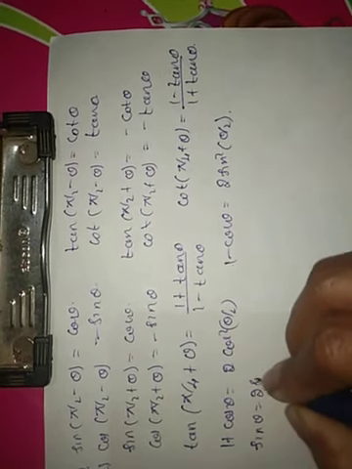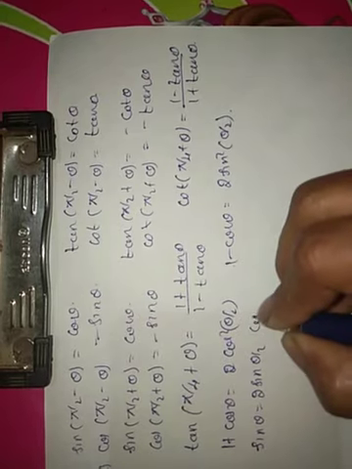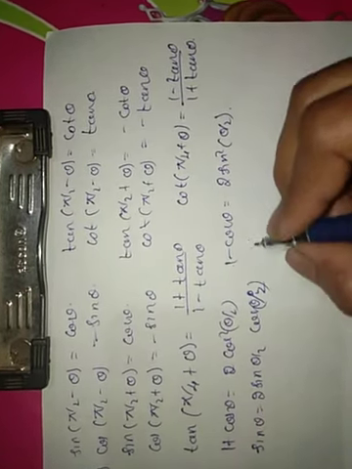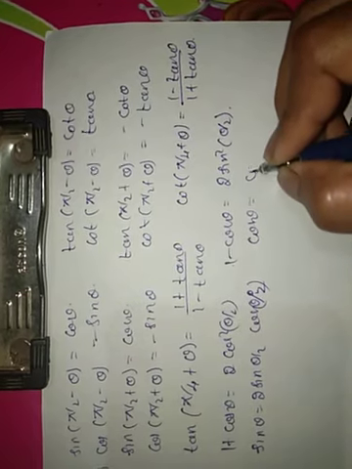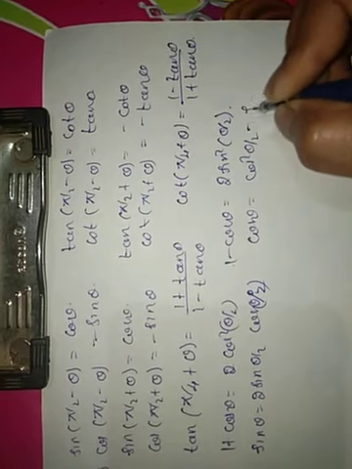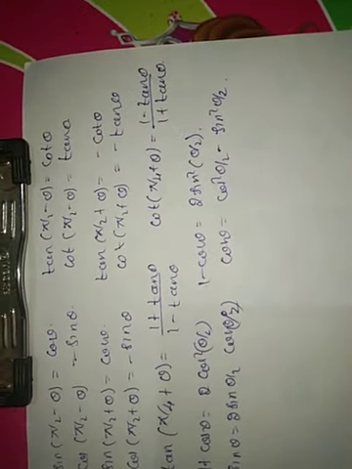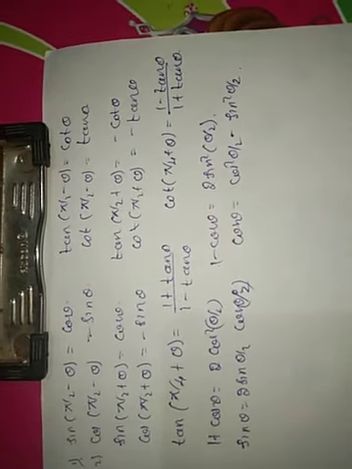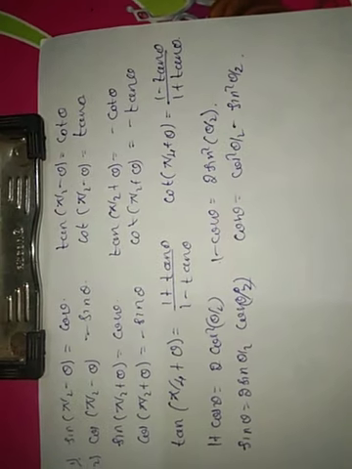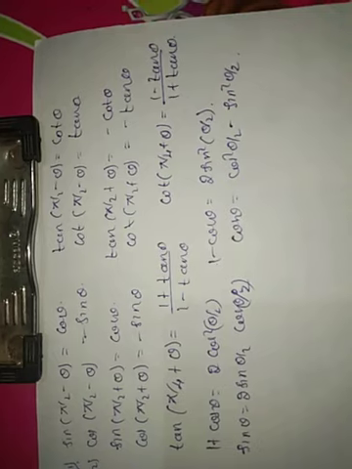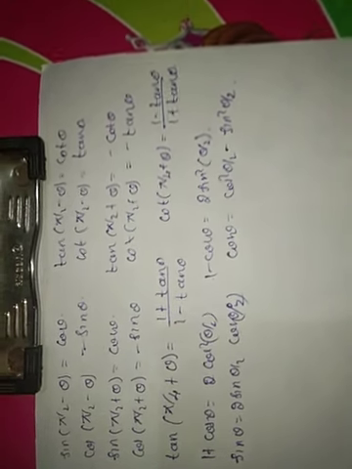Sin theta equal to 2 sin theta by 2 into cos theta by 2, and cos theta equal to cos square theta by 2 minus sin square theta by 2. All these formulas were discussed at your PU level. We just recall them to remember all those formulas of trigonometry.